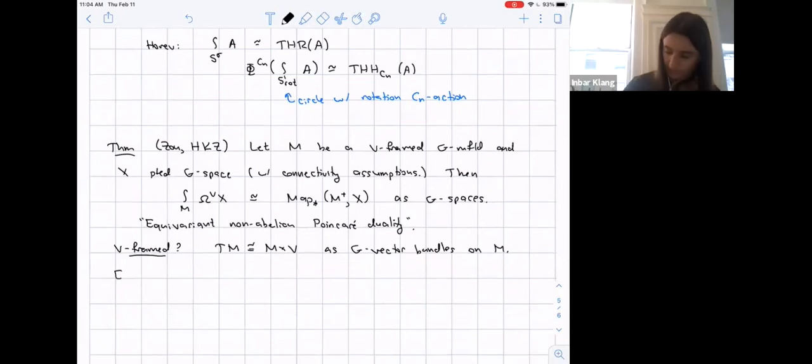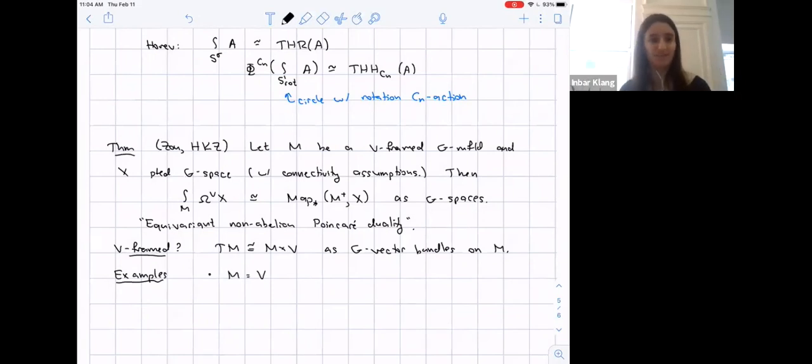So here are some examples of V-framed G manifolds. The most fundamental one is just M being the representation V. That is V-framed. Another one is S^sigma, the circle with reflection.